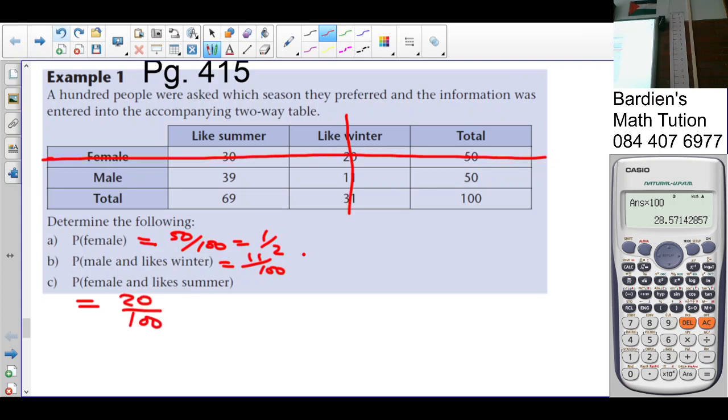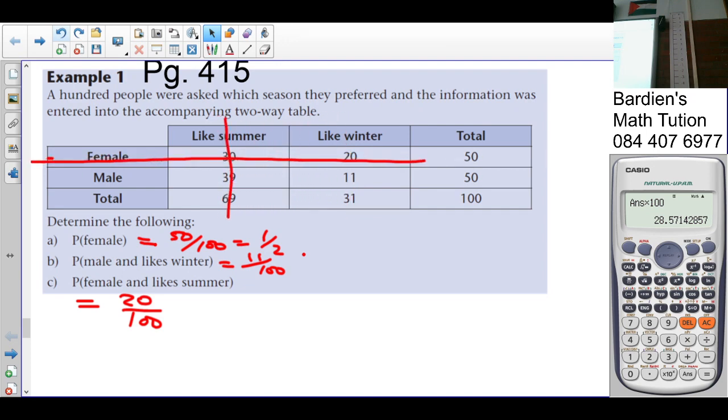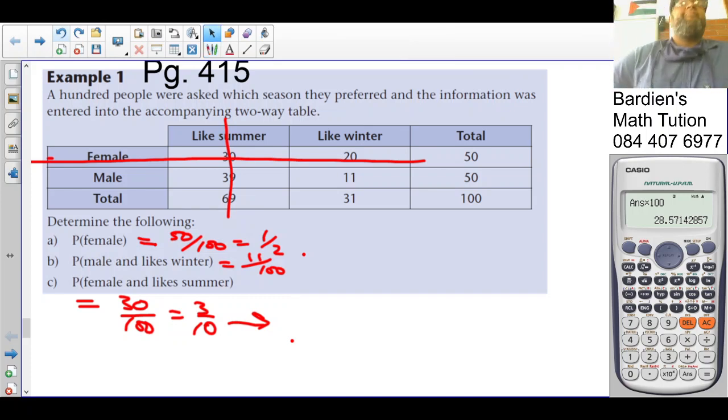That's like winter, my mistake. Is that correct? Female and likes summer, it's 30. It's 3 out of 10. Okay. All okay with that? Any confusion? Okay. It's fairly simple, no? Until you do the homework.